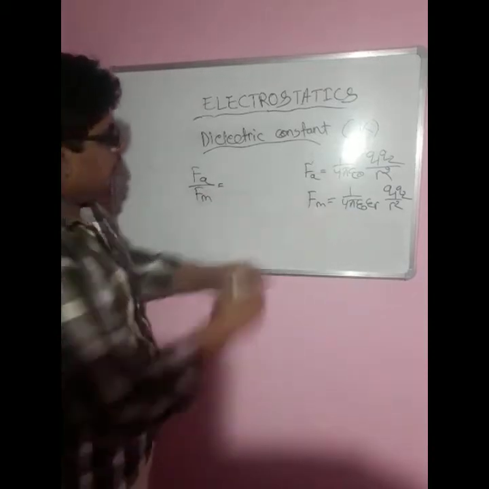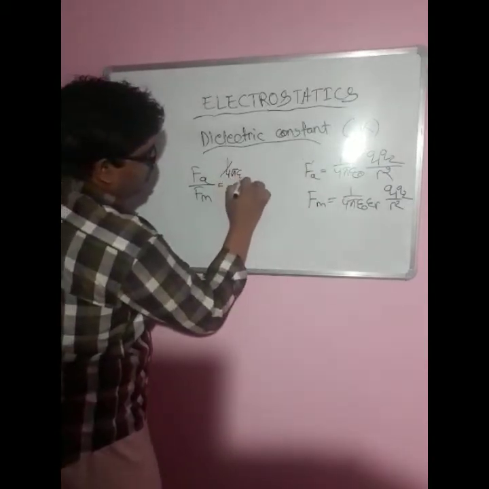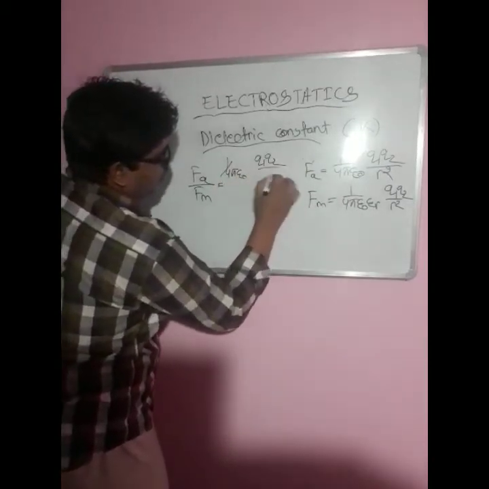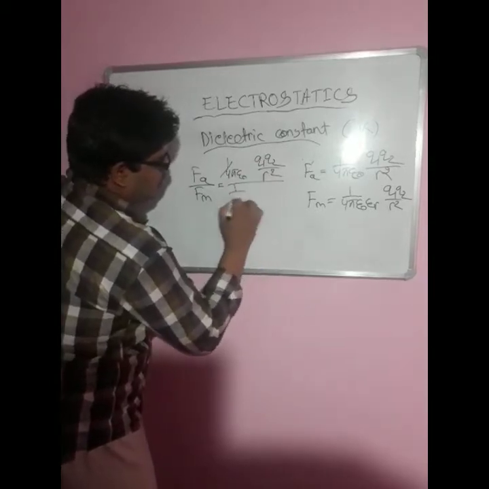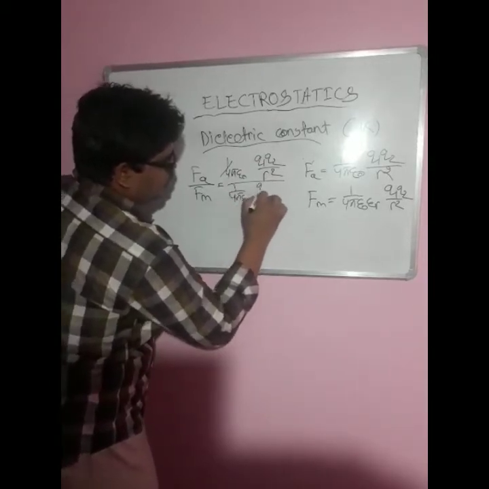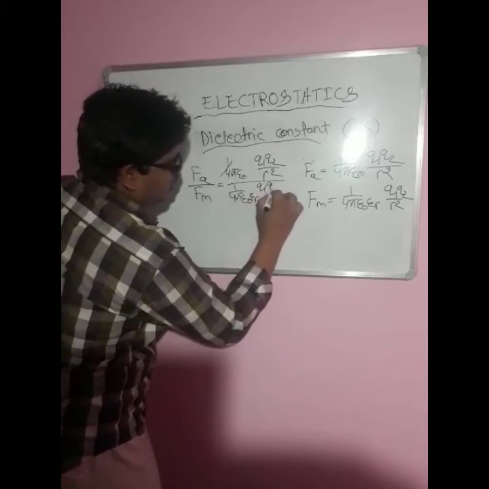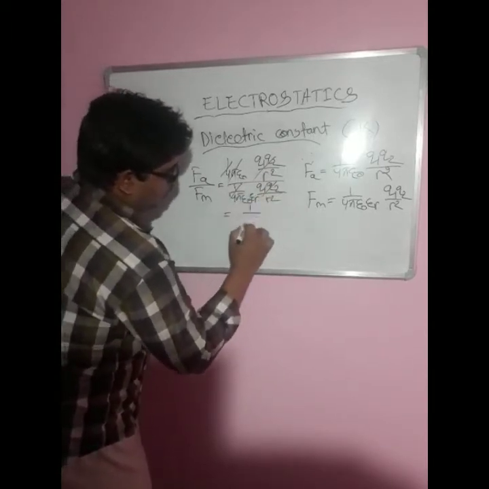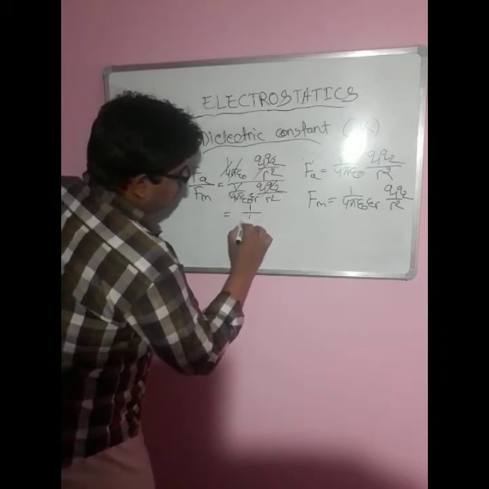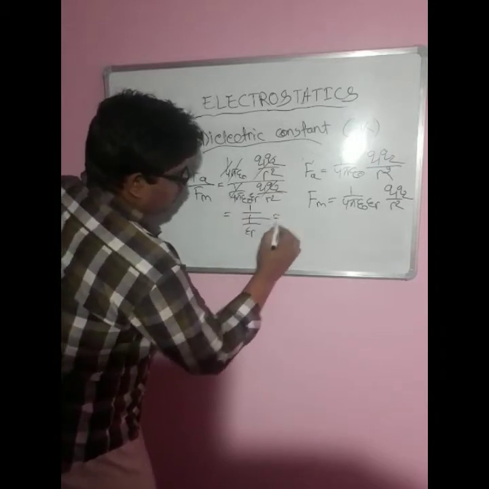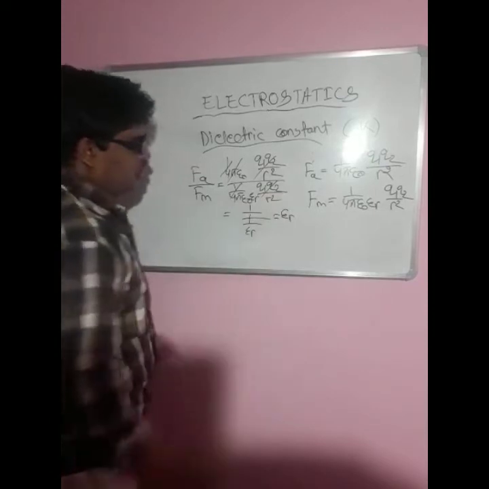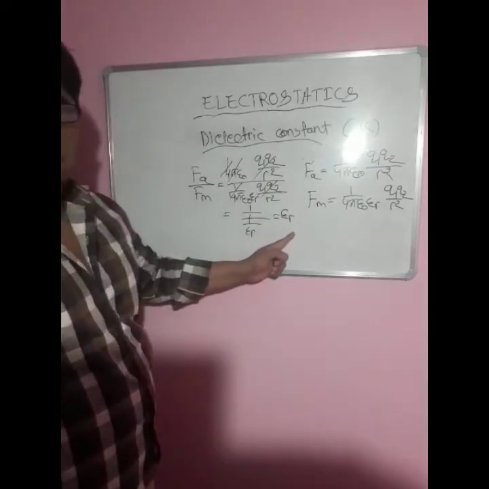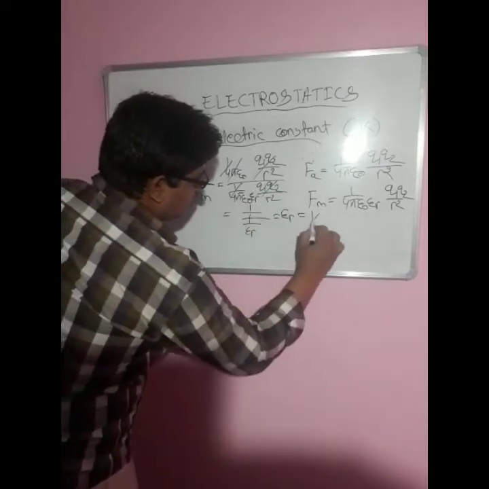See, putting the value, 1/4πε₀ Q1 Q2 by R square divided by 1/4πε₀ε_r Q1 Q2 by R square. We get ε_r. Okay, this is called K.